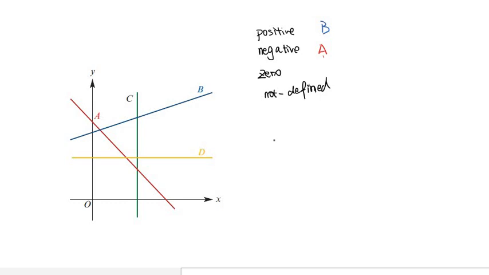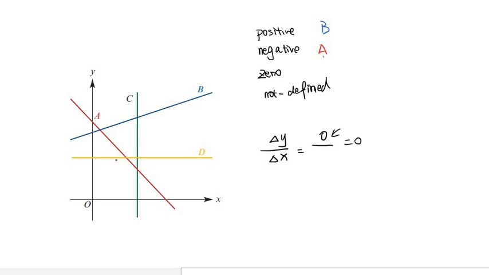So with the formula, change in y divided by change in x, the change in y is equal to 0. It doesn't matter what the change in x equals, because the numerator is 0 and the change in x could be any number, so it's always going to be 0. Because it's a rational number, it could be any rational number.